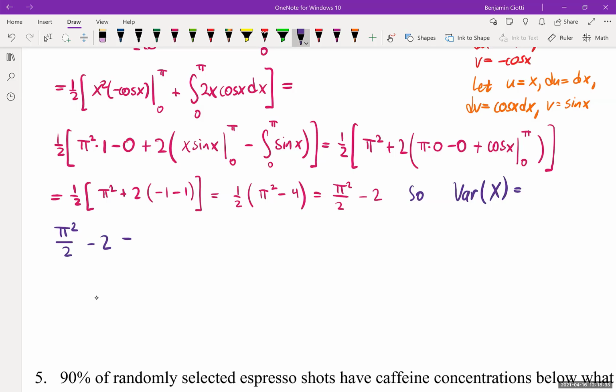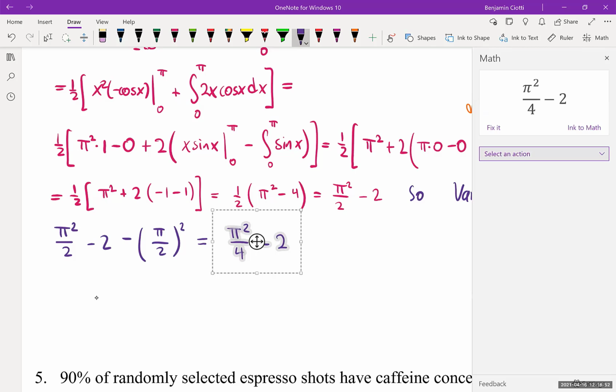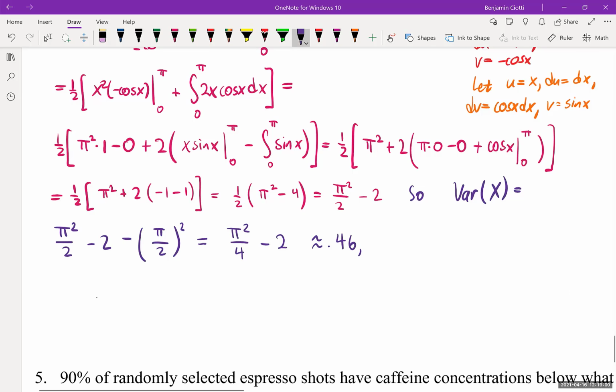It's pi squared over 2 minus 2 minus mu squared. So pi over 2 quantity squared. This is pi squared over 4 minus 2, which is about 0.46. And actually, what I really want is the standard deviation.